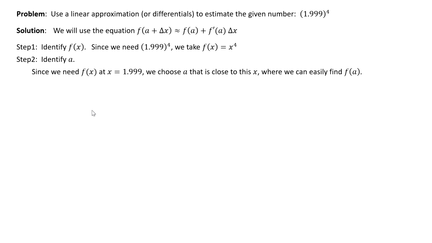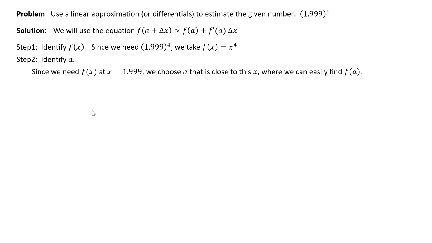And we should be able to evaluate f of A relatively easily. Is there a number that is close to 1.999 where we can find a to the 4 relatively easily?